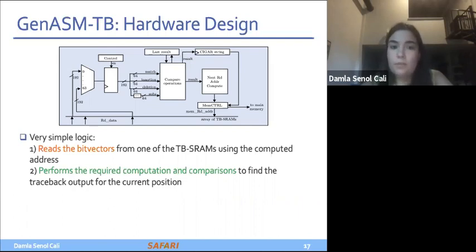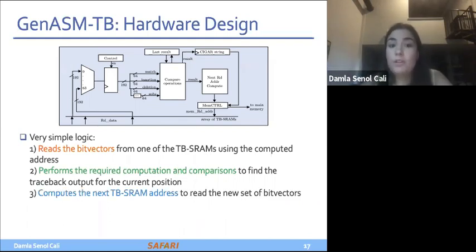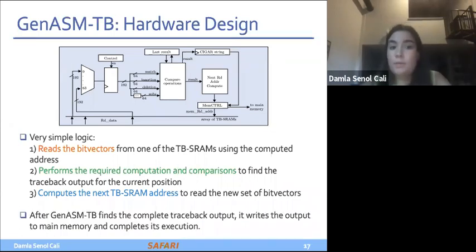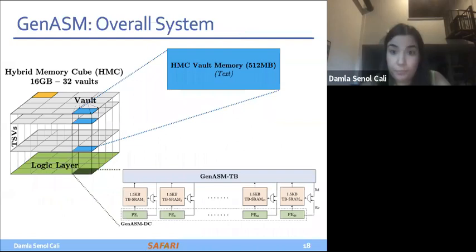And this helps us to find the traceback output for the current position. And by using these comparisons and computation, we are also computing the next TB SRAM address to read the new set of bit vectors. And then we go back to step one. And after GenASM TB finds the complete traceback output, it writes the output to main memory and completes its execution.